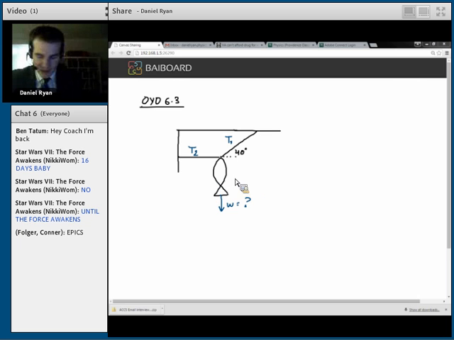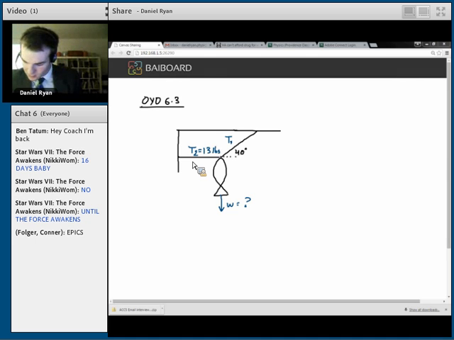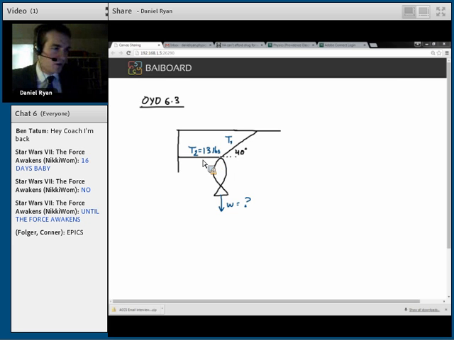And what you need to do is you simply need to say, okay, I'm going to assume that the tension in this string here, that T2, is equal to 13 pounds. Tension is 13 pounds in T2, and T1 is what we're solving for.